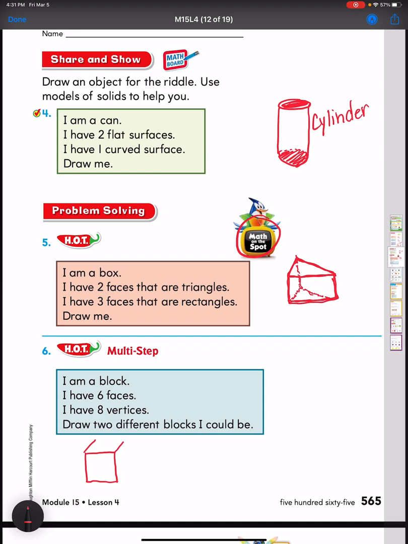I can draw a cube. And let's see. Cube looks kind of like a present box to me. There's my cube. But I could also draw my rectangular prism, the one that looks like a shoebox.